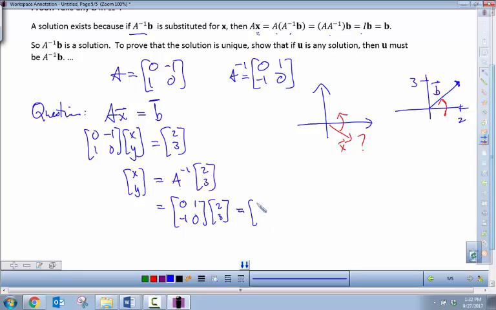And that would be 3, negative 2. And that makes sense, because 3, negative 2 being rotated 90 degrees becomes 2, positive 3 in the first quadrant. Okay? So that works out.